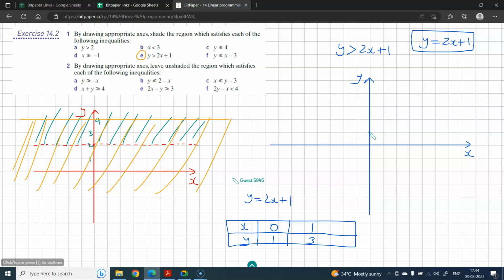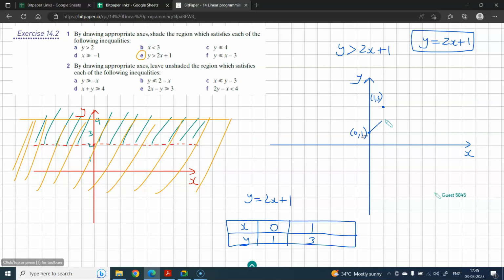So now you plot 0, 1. Where is 0, 1? Here, right? This is 0, 1. Where is 1, 3? Here. 1, 3 is here, very good. And then you just need to join these two, right?